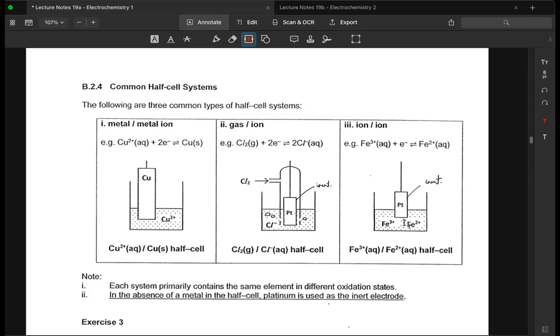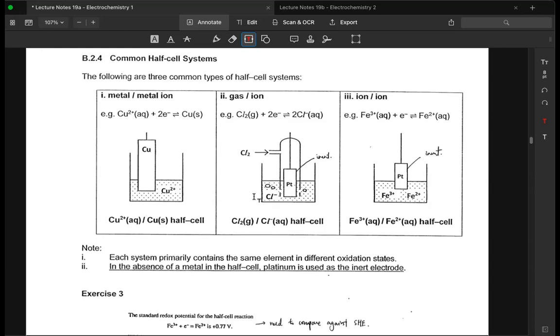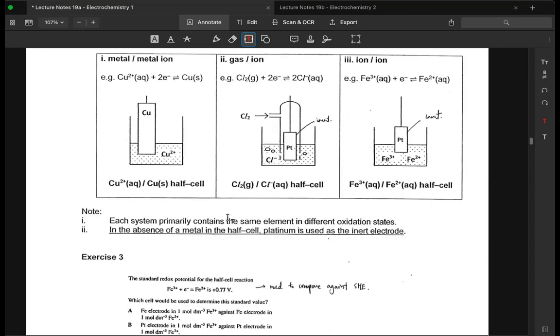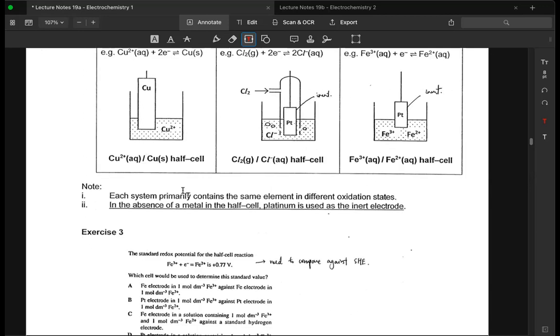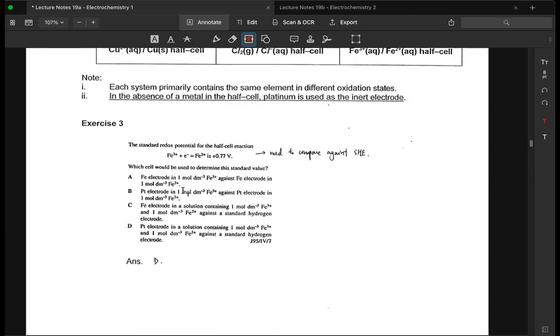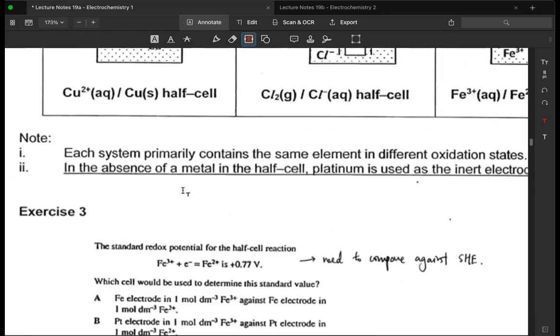Normally we will choose transition metals because they can transit between ions. Each system primarily contains the same element in different oxidation states. In the absence of a metal in the half cell, we will just use platinum as the inert electrode.